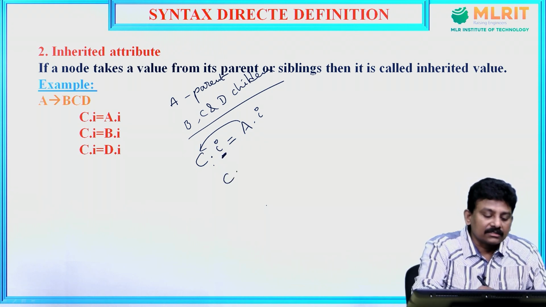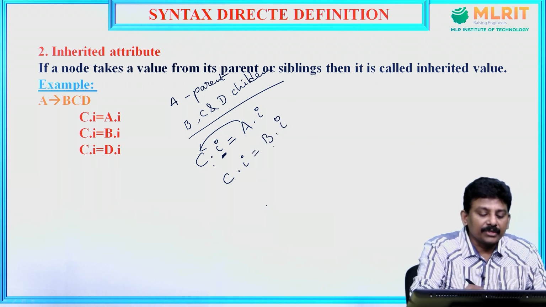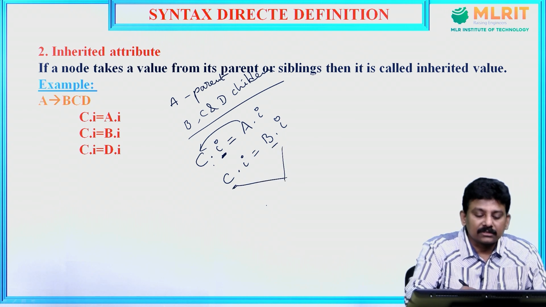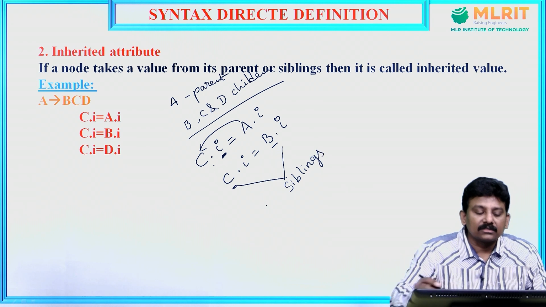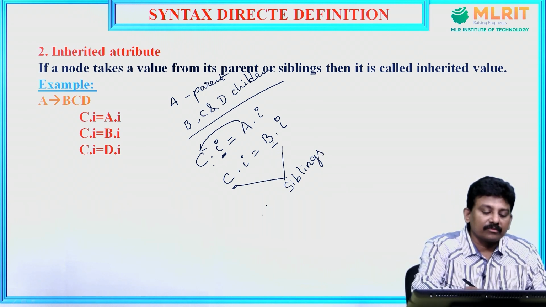Like that, C.I equals B.I. Here C and B are siblings. C is getting value from its left sibling, B is the left sibling.